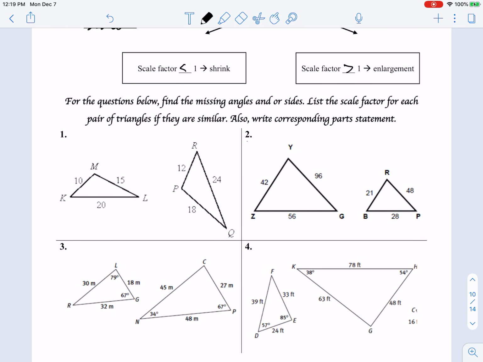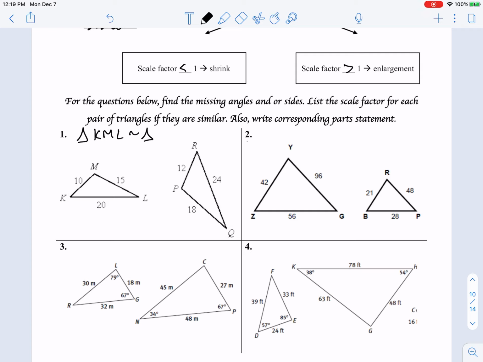Okay, so what we're going to be doing is finding missing angles and sides. Remember, sides must be proportional. Angles must be congruent. Okay, so if I just start off and I say triangle KML is similar to triangle what?